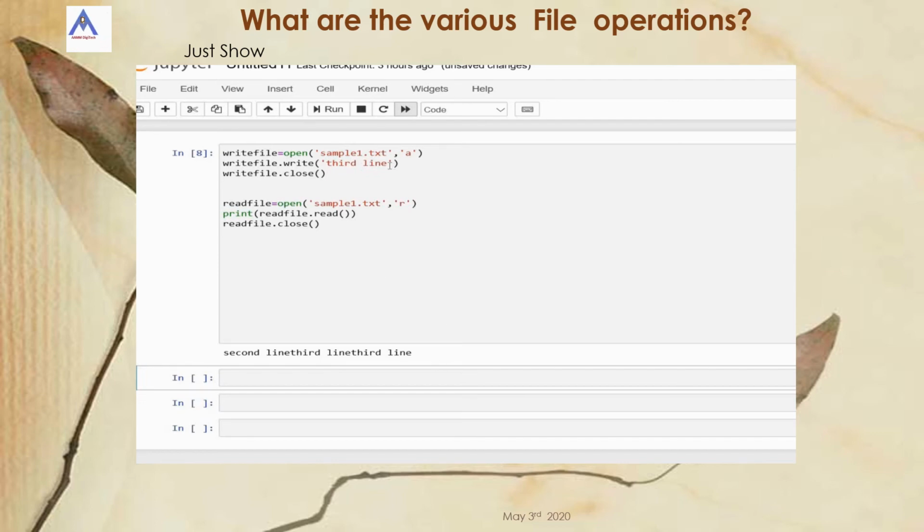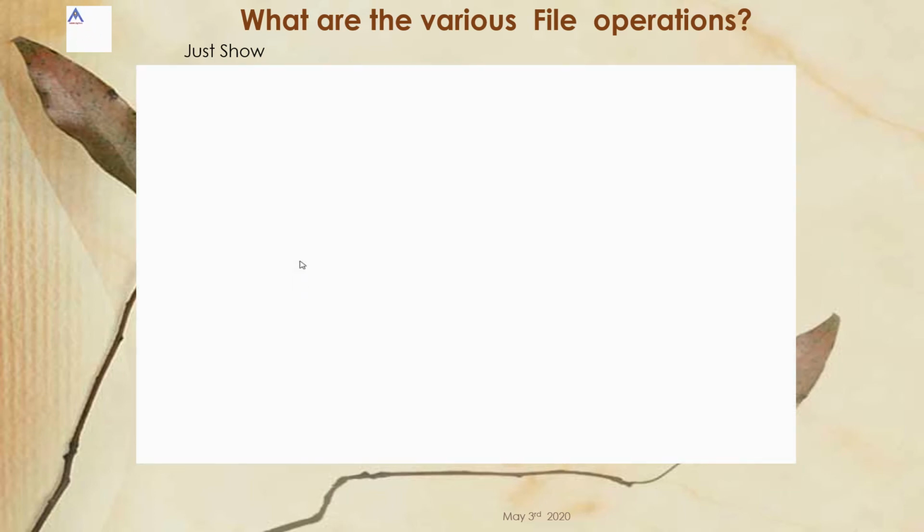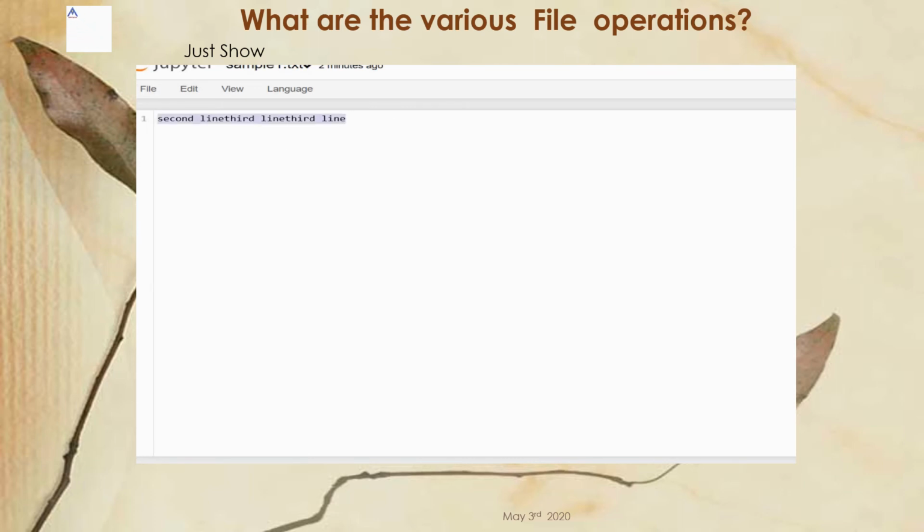Now if you want to put it in the next line, first I am removing all the lines. That means the file is now empty. And then you save it. File is now empty. Okay. Now let us go to our program.